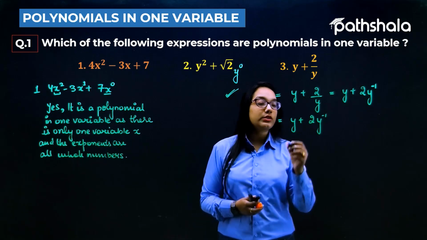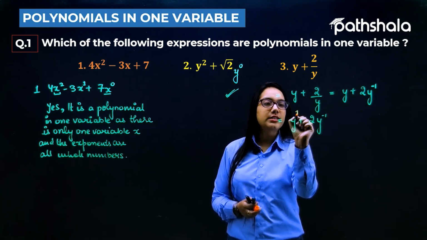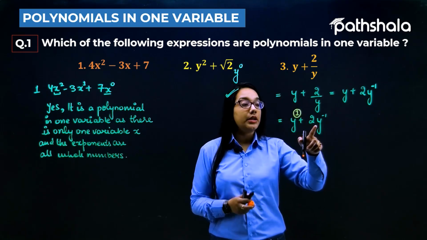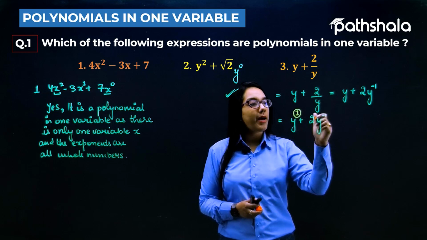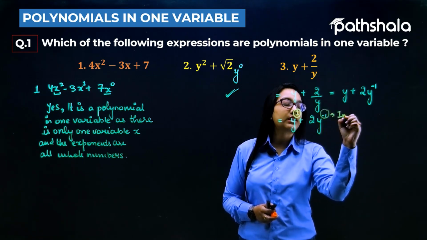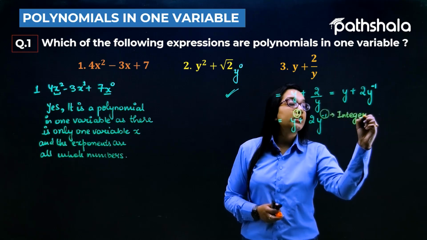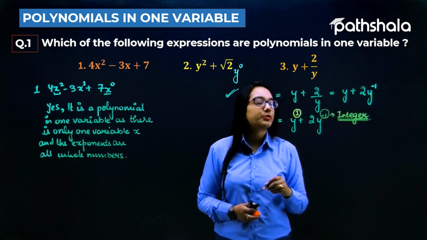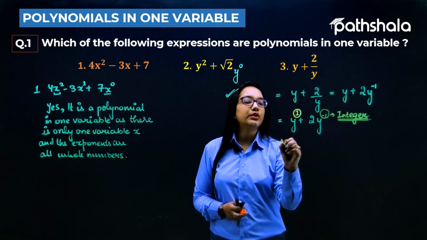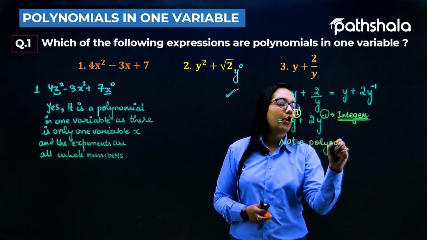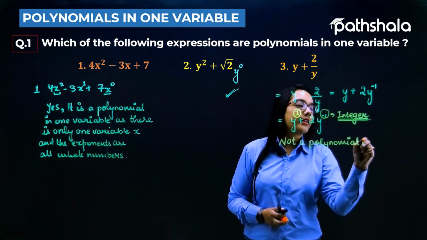The power of the first term is 1, but the power in the term 2y raised to the power minus 1 is an integer, not a whole number. Hence this expression is not a polynomial in one variable.